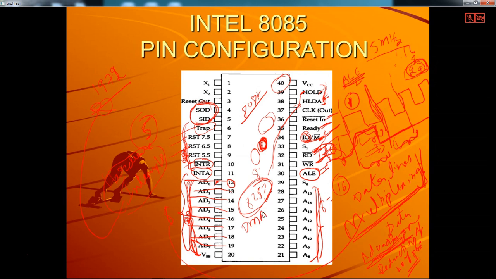So these 2 pins are for that, and every chip has to be given a power supply. So this is VCC, and then this is the ground, and all 40 pins are what we have discussed. This is X1 and X2, where you can connect your crystal so that you can get a clock. Right, so these are the hardware details of 8086.